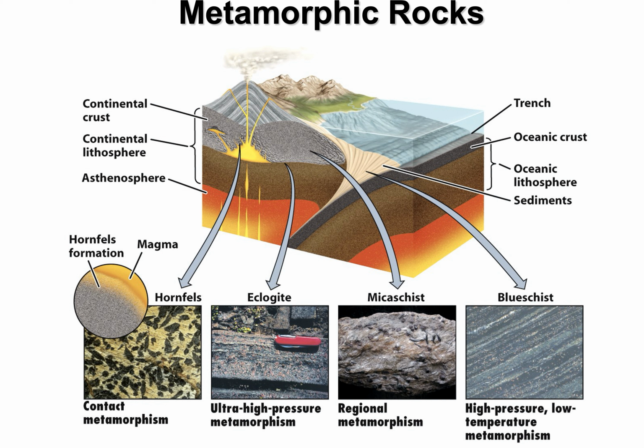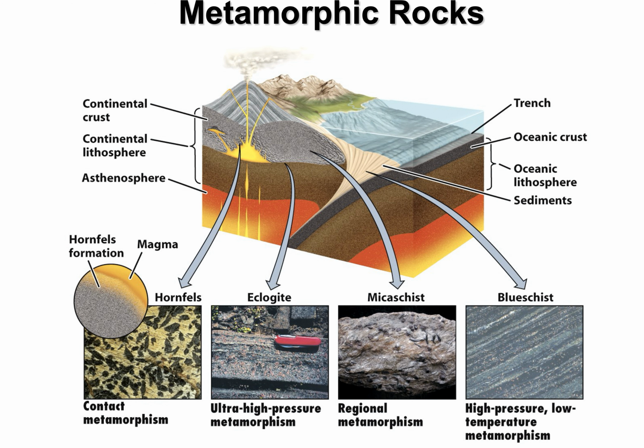The formation of an eclogite is mainly caused by plate tectonic processes. Then we have regional metamorphism. There we are forming, for example, a mica schist, and such regional metamorphic events happen in collision zones.